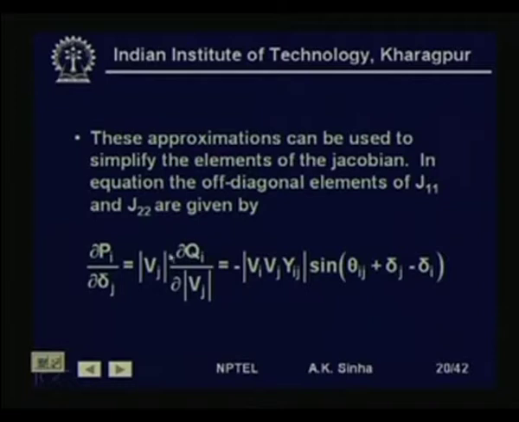Now, here this term will be a summation of all these terms, whereas we know that the term for Y ij is the negative of the actual admittance of the line connecting bus i and j, and B ii is a term which is the sum of all the susceptances connected to that bus.